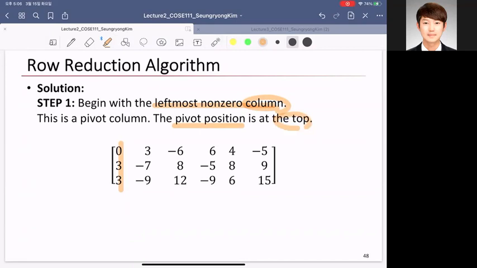But in the original representation, the first element was 0, right? So to make this location a pivot position, we have to interchange row 1 and row 2 or row 1 and row 3, because these two entries have non-zero values. We can do that.